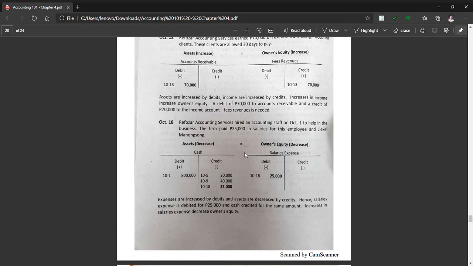So, kapag nagka-expense tayo, we should be recording that on the debit side. Right? So, take note, kapag nag-decrease ang owner's equity, kabaliktaran siya ng credit, which is on the debit. So, we will be recording that on the debit side. So, we will be increasing your expense for 25,000 and decreasing your asset by 25,000.